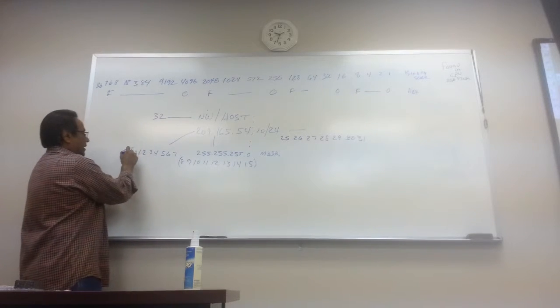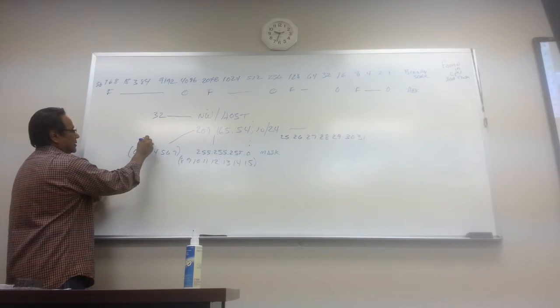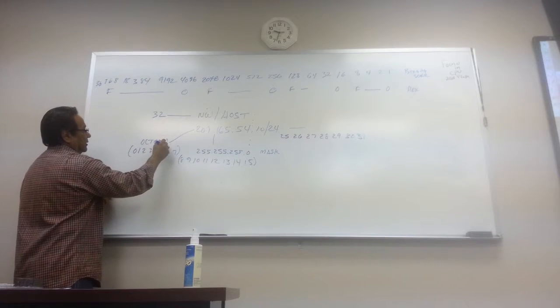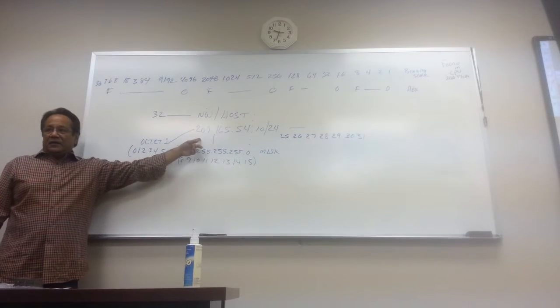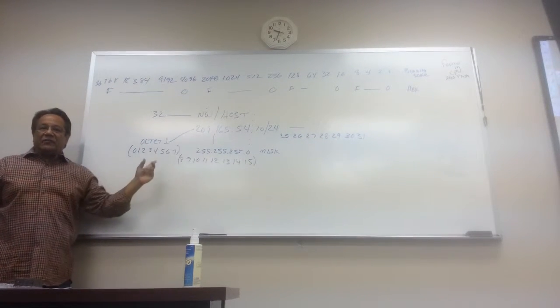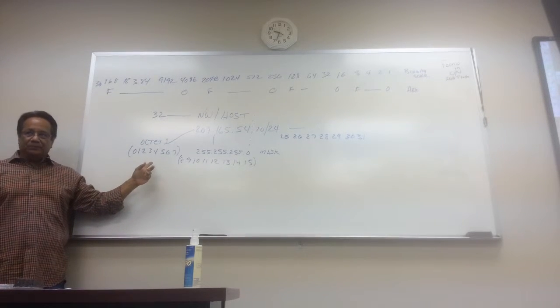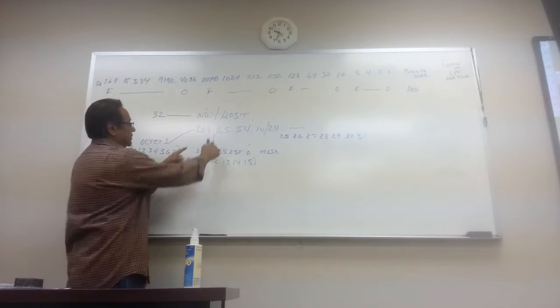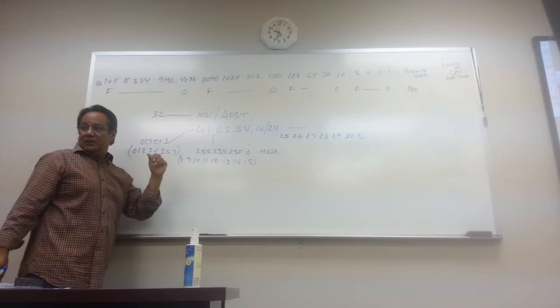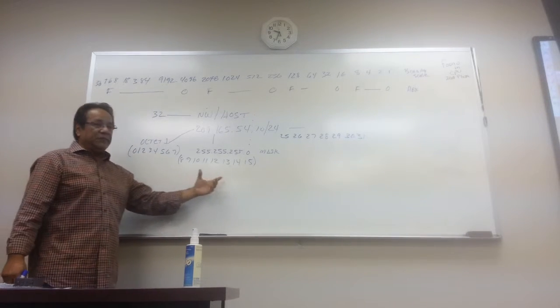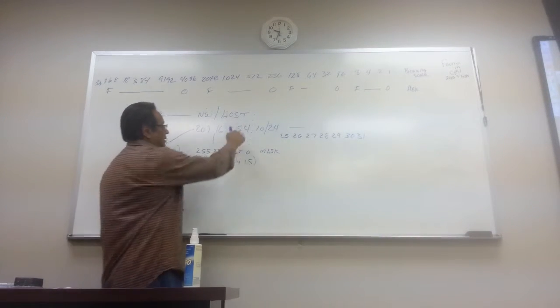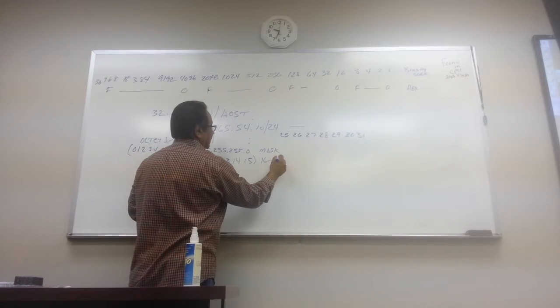This is octet 1. Octet 1, really, is the first set of 8 bits in the address. Octet 2 is the second. Yes, 165 is going to be the next 8 bits. The third octet is going to be 16 through 23.